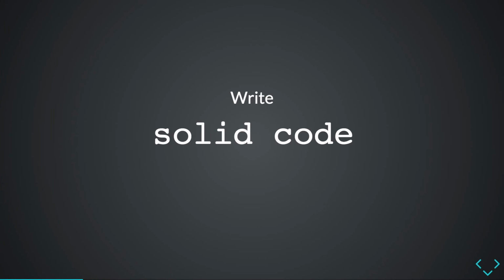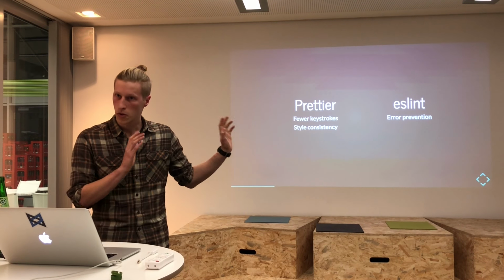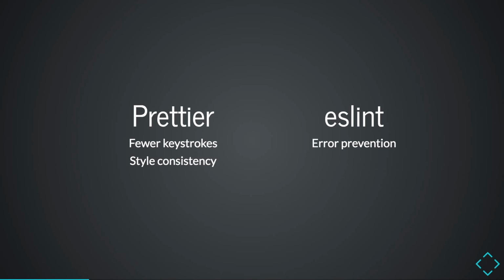Well, we began by focusing on writing solid code. This is solid JavaScript. And it might seem a little bit boring, but these are the 2 main weapons that you have to write solid JavaScript: Prettier and ESLint. Does anyone here not use Prettier? Correct your ways. You are wrong.